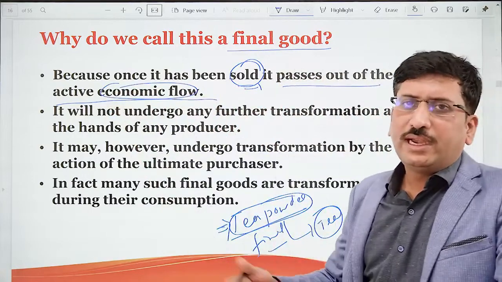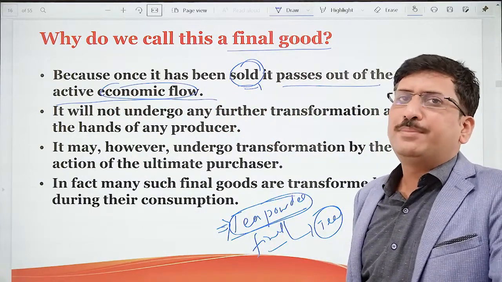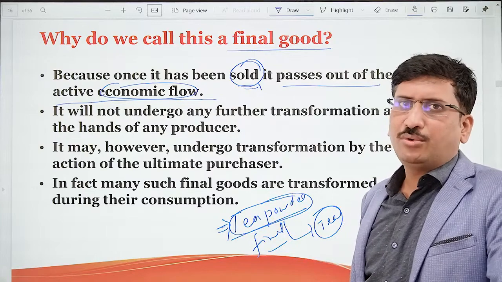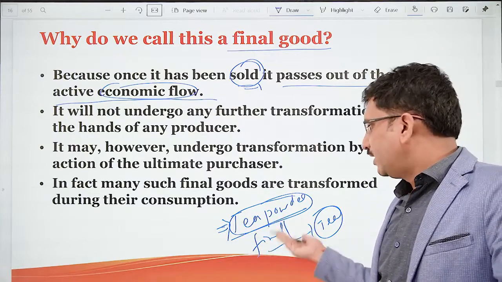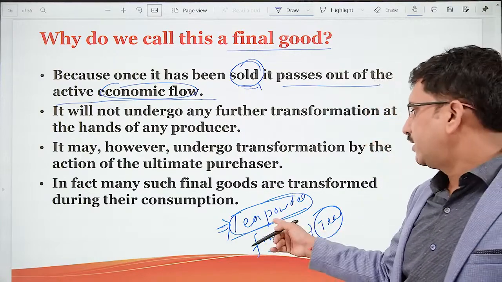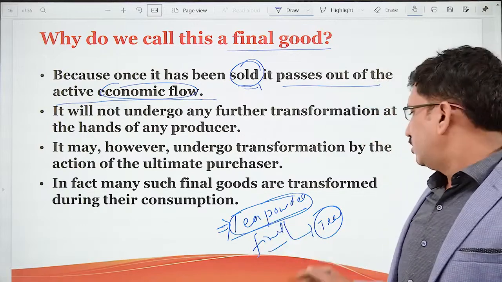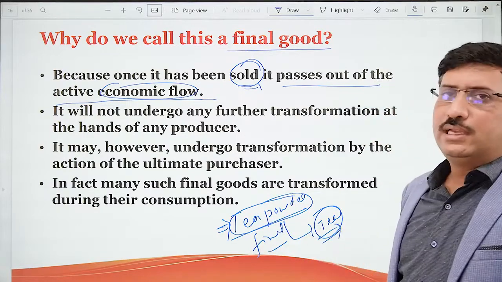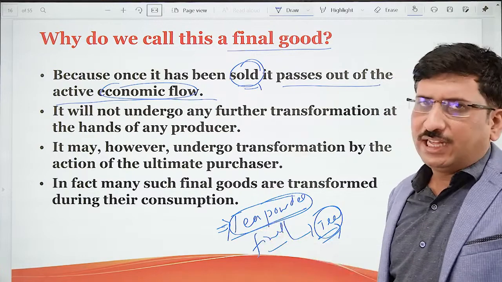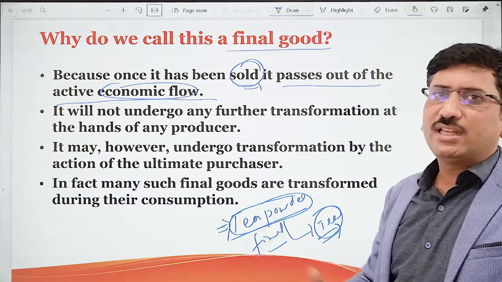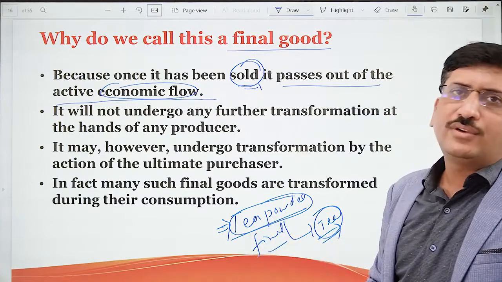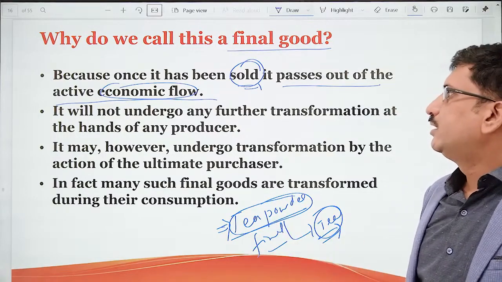Means no more is it used for money purposes. Money will not be exchanged in the home, but in the tea shop the same thing will not be considered a final good, because now tea is the final good. In the home, even though tea is prepared, it is not exchanged for money, so tea powder is the final good. I hope you are able to understand.